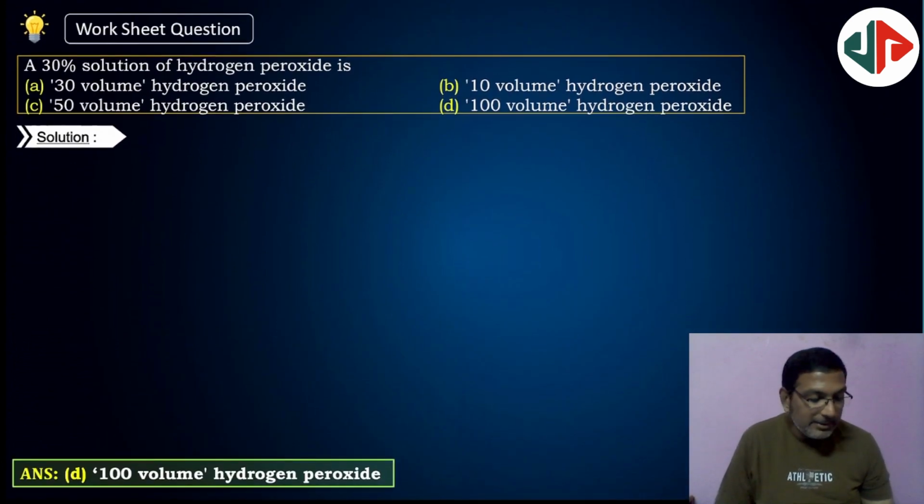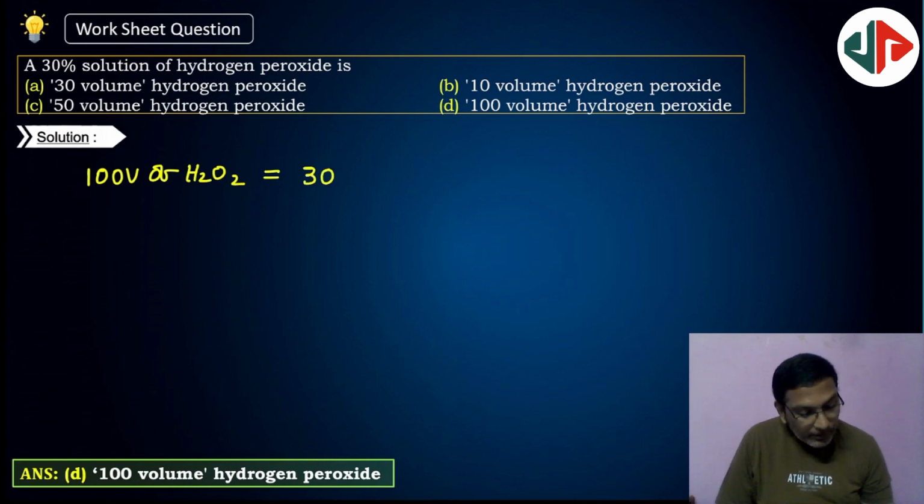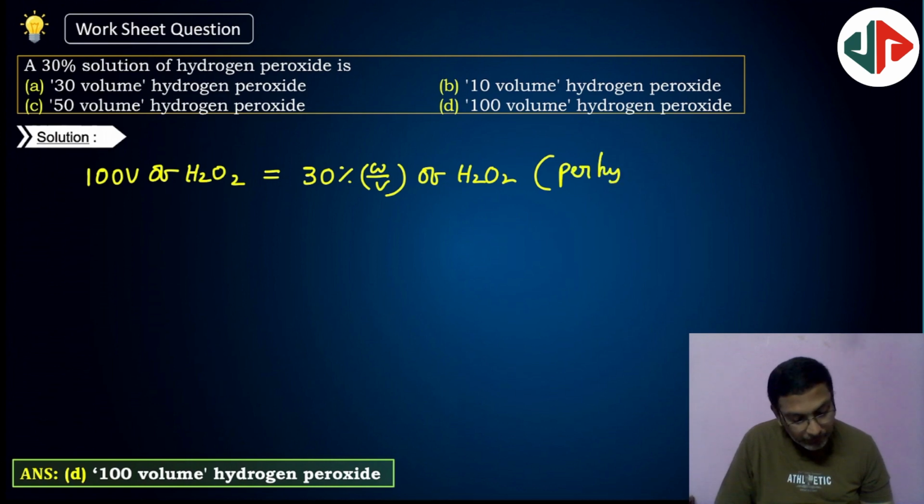A 30% solution of hydrogen peroxide is. So we know 100 volumes of H2O2 is equal to 30% weight by volume of H2O2, which is also known as perhydrol, which can be used as antiseptic.